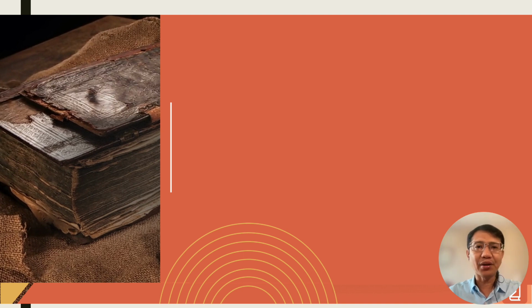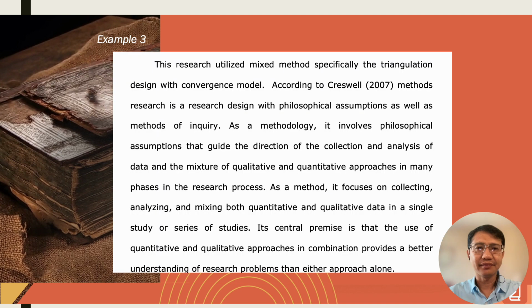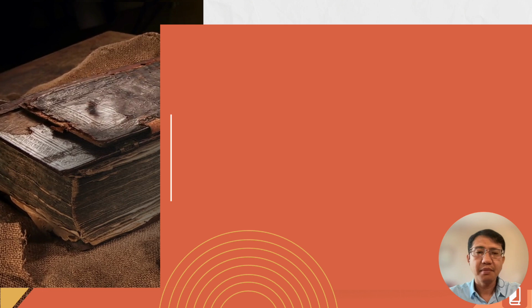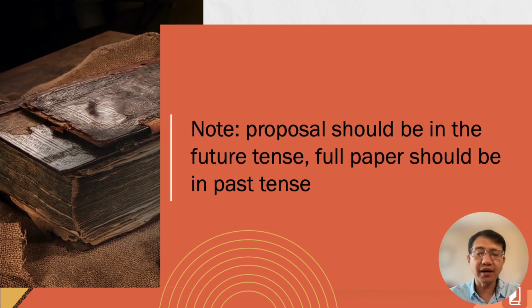Look at the example on your screen. Be reminded that most parts of a research proposal should be in the future tense, while a full paper should be in the past tense.